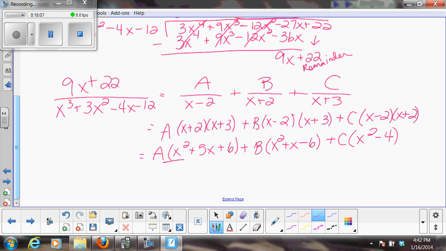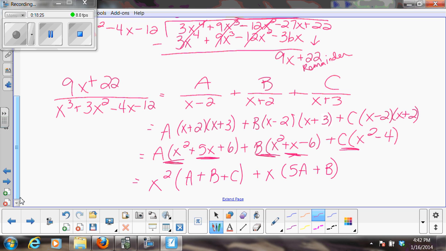So we have x squareds. X's. And then values.